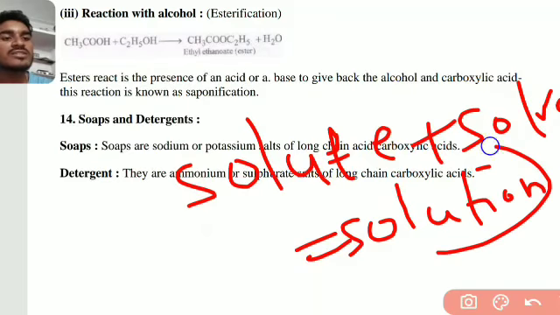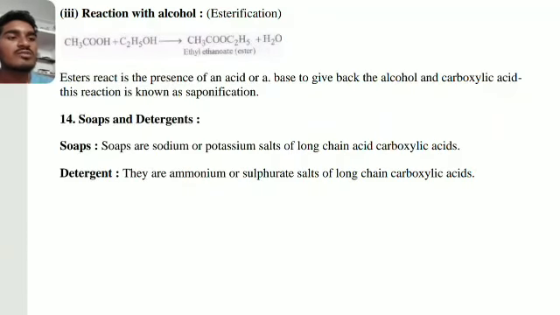For example, we take salt and add some water to it, and it will be completely dissolved, completely soluble in the water. We call that a true solution. That is different.